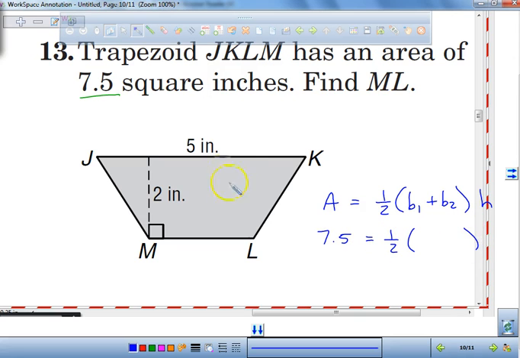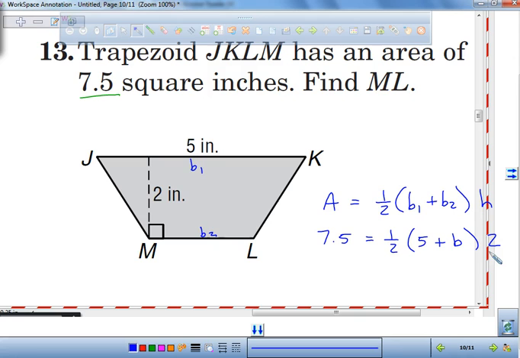Now, it doesn't matter which one you use, okay? You could call this base 1, you could call this base 2. It doesn't matter. So we'll just call this base 1. And then you're solving for the other base. And then for the height, what are you going to plug in? You're going to plug in the number 2, all right? So at this point, what are you going to have to solve for?